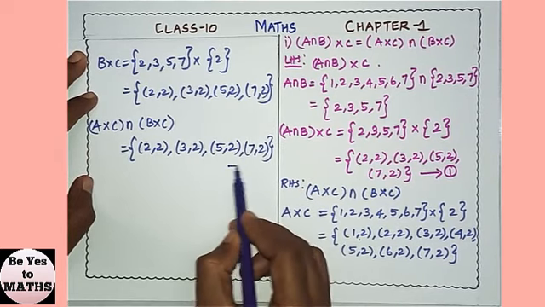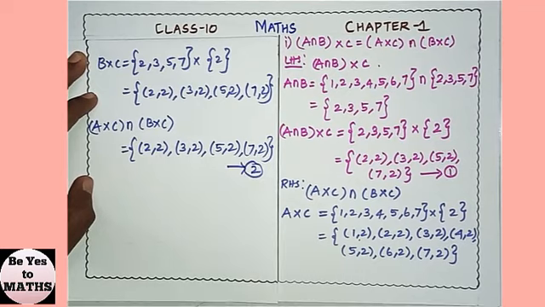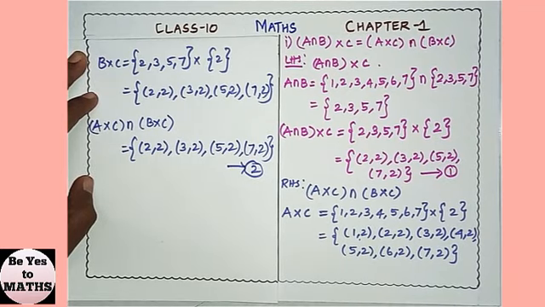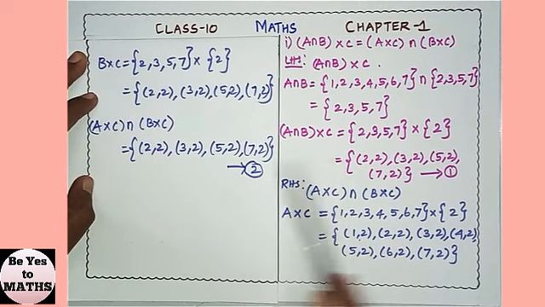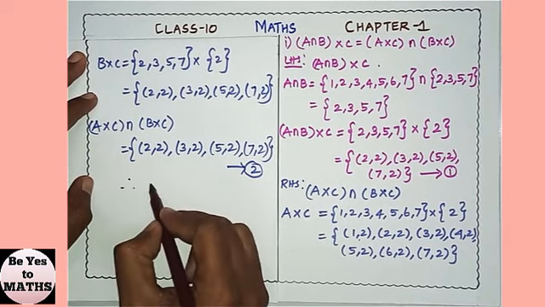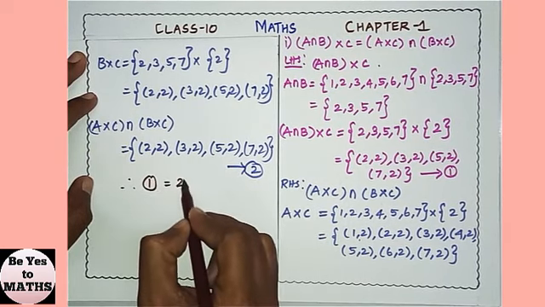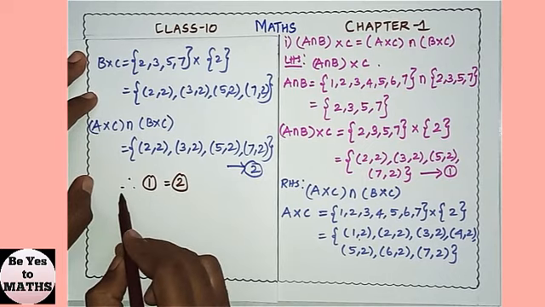So right hand side is over, take this as equation number 2. Now you see equation 1 and 2 both are equal. Therefore we can say that equation 1 and 2 are equal.